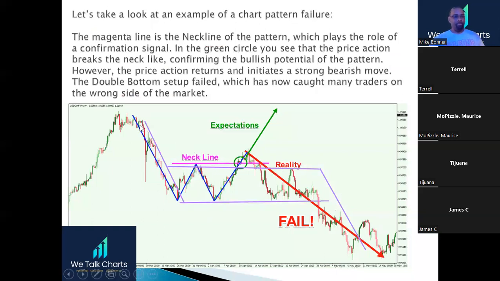Remember, the flag patterns are typically continuations of the overall trend. If the market dropped into that channel, the market is going sideways. We're not going to get into all that trying to make it seem technical. We know what it looks like when the market is going up, when it is coming down, and when it is going sideways.